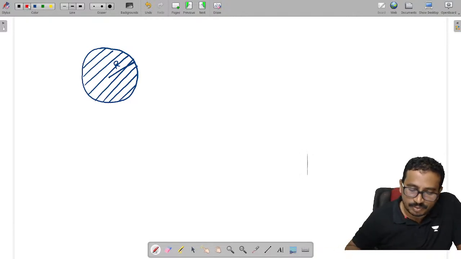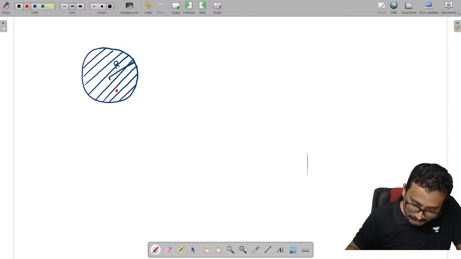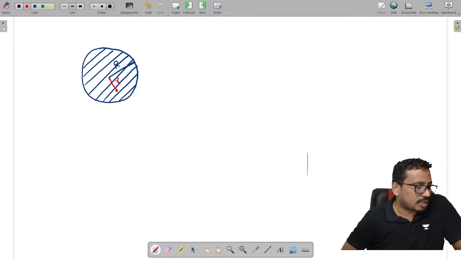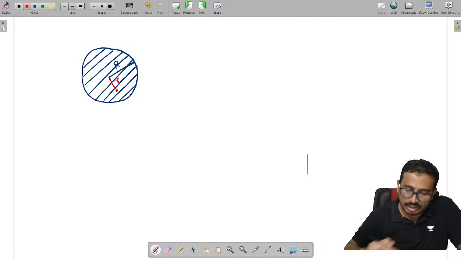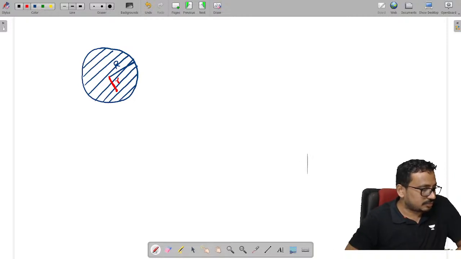The radius of the sphere is capital R. Let us say I want to find the potential at a point which is at a distance of small r from the center. So what is this distance? It is equal to small r.